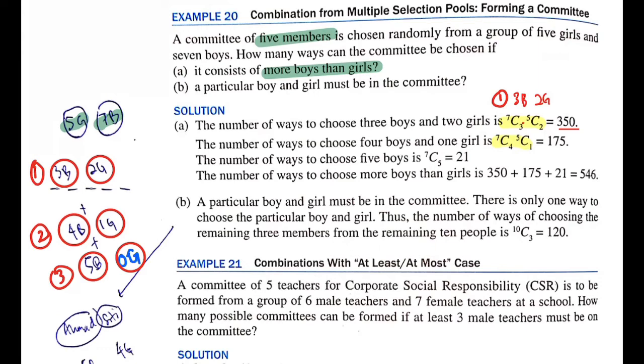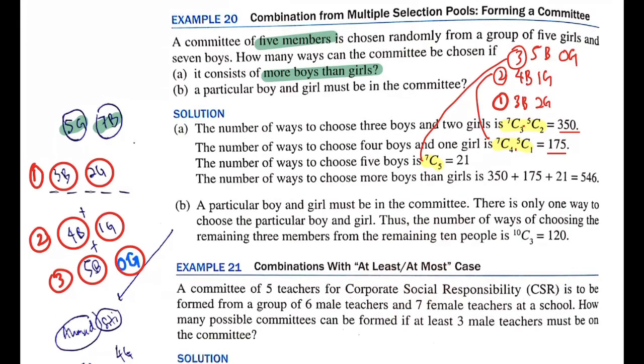Let's look at the second case. The second case is where we want to have 4 boys and 1 girl. So 4 boys is 7C4, and 1 girl is 5C1. Within these cases, we multiply them, and the answer is 175. Let's look at the final case, the third case: 5 boys and 0 girls. 5 boys is 7C5.